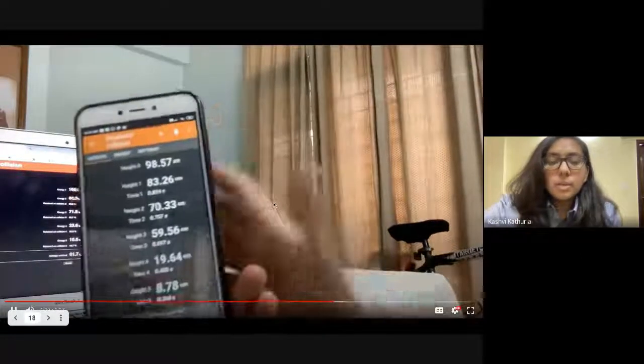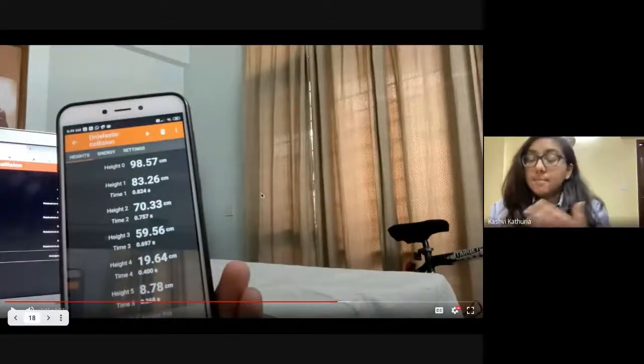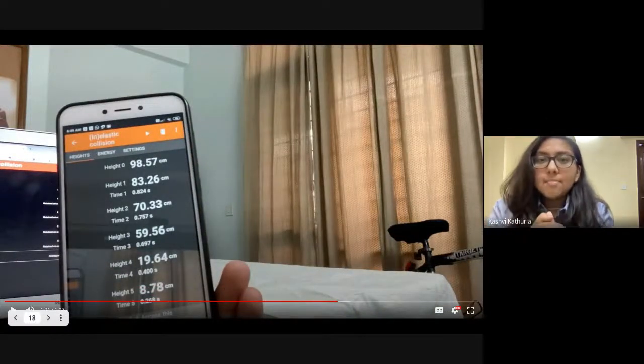And when we're in a lab setting, I think for the past couple of years we haven't been to school, but if you've been in a lab setting, you'll know that when we have those stopwatches, we're manually controlling them. Here, all of this is done by the app.